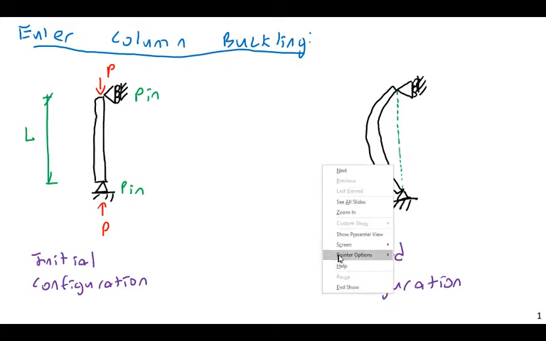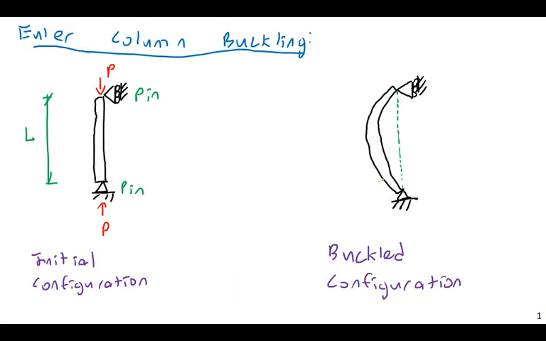Okay, so here then, I'm going to have coordinates x and y. The x is going to be my axis along the length of the member, and y is going to be the perpendicular axis. So x and y like this, so I'm using local coordinates here.